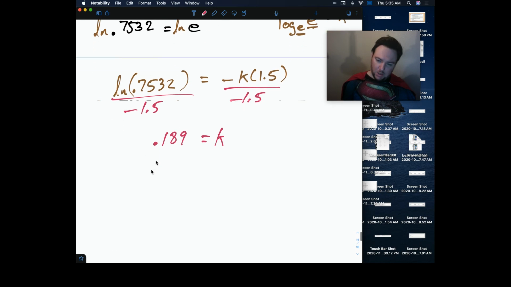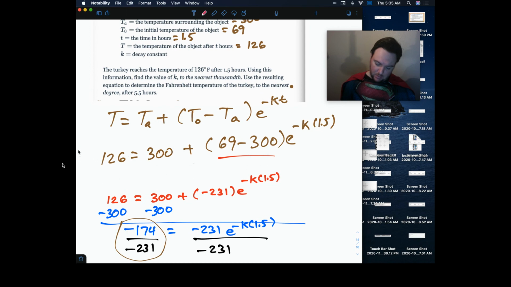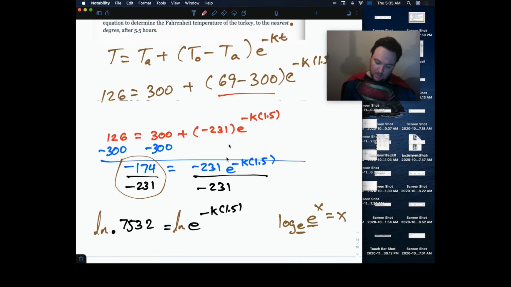So my equation is T equals 300 minus 231 e to the negative 0.189 t. All right, so basically I took this same equation, T equals 300 plus, actually it's more like this, right? But now we know what k is.